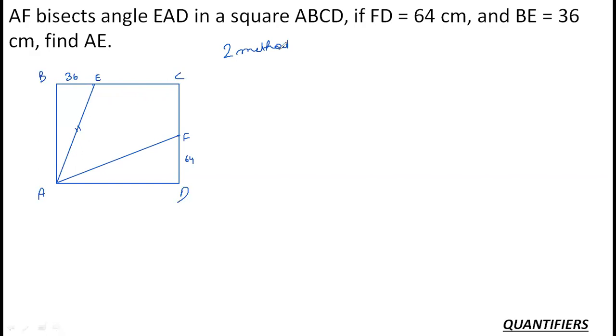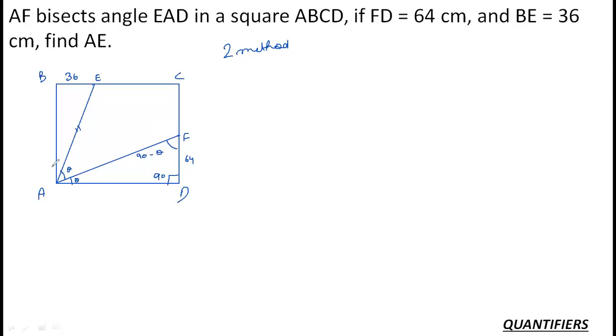Now, since it is a square and AF is an angle bisector, first of all, if this is theta, this is also theta. This is 90, so this is 90 minus theta, right?